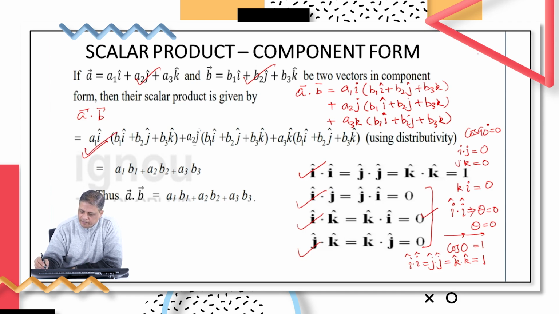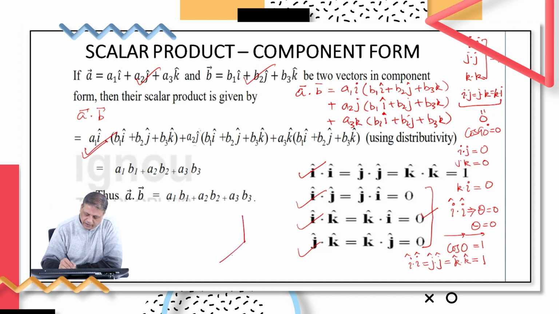And we know that only i dot i, j dot j and k dot k are equal to 1. All the rest, like i dot j or j dot k or k dot i, turn out to be 0, because the angle between i and j is 90 degrees.